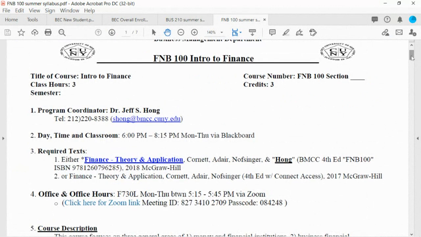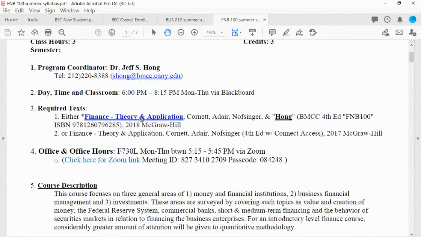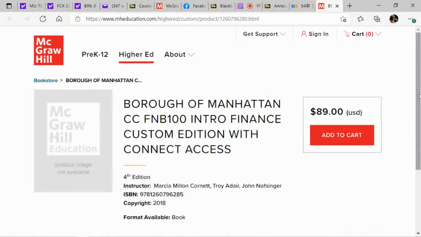Okay, good. This is the summer syllabus, and here's the textbook information. It's the Finance BMCC Custom Edition. If you click on that, it will take you to where you can purchase the book directly from McGraw-Hill.